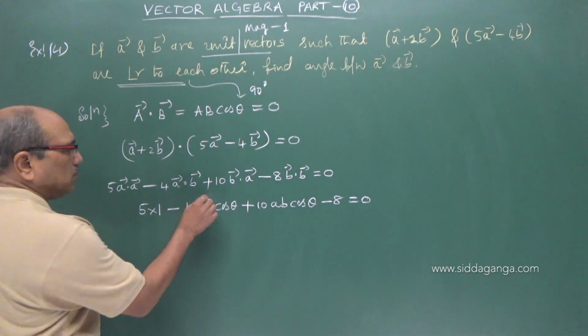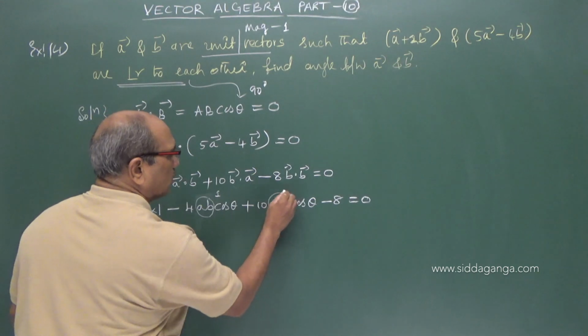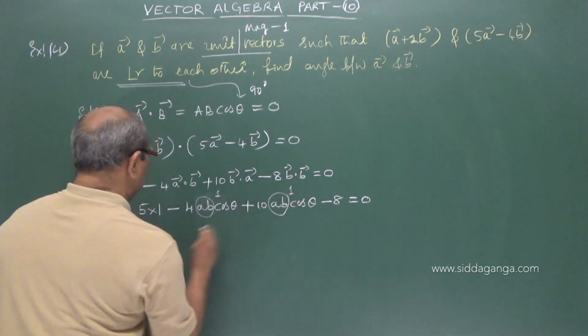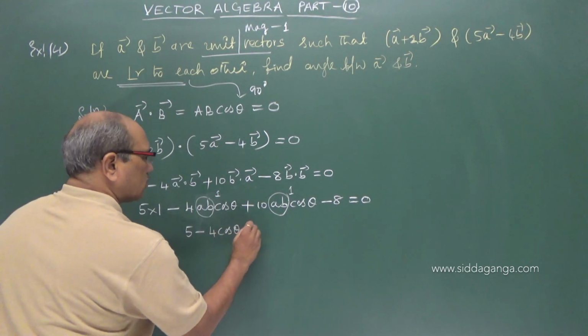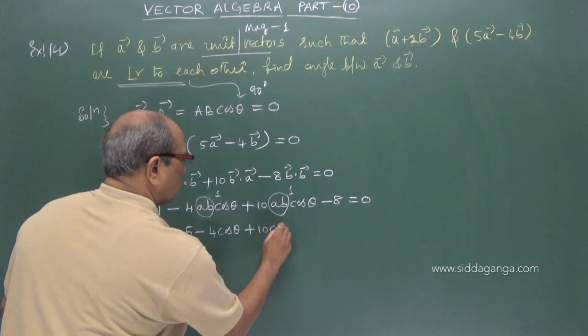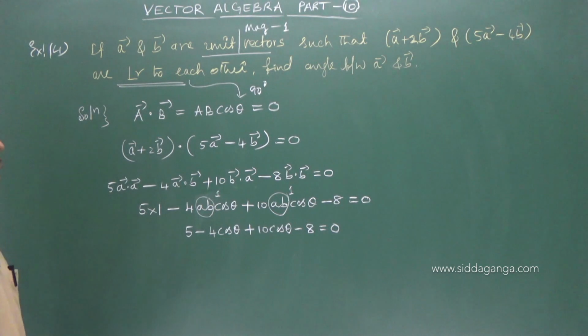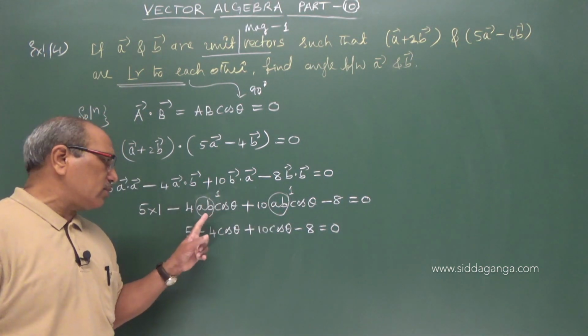Here also the magnitudes of A and B are 1, 1 into 1 is 1. So 5 minus 4 cos theta plus 10 cos theta minus 8 equal to 0. The magnitudes of A and B we removed because they are unit vectors.